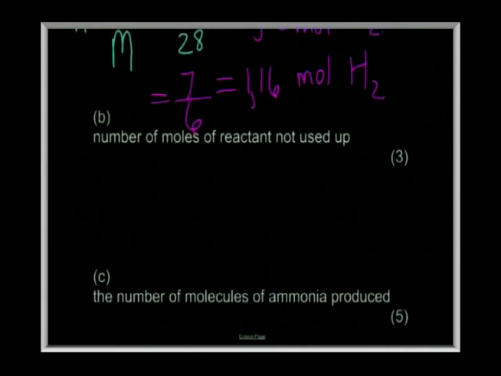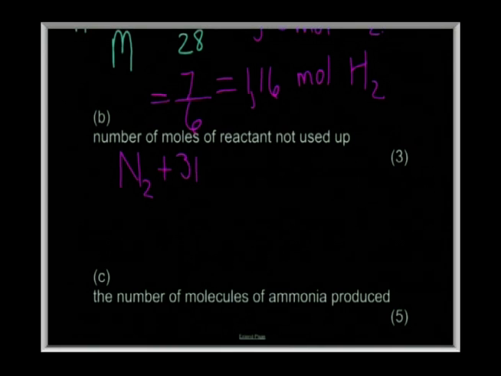The next question asks us for the number of moles of the reactant that is not used up. Now what I'm going to do is I'm just going to rewrite my balanced chemical reaction right over here. So I've got N2 plus 3H2 giving me 2NH3.